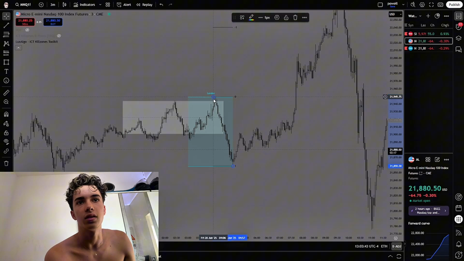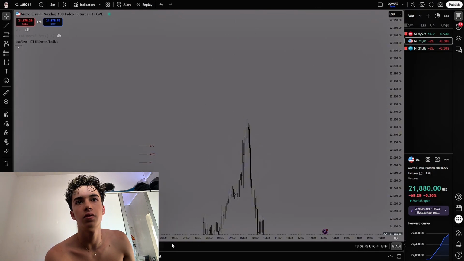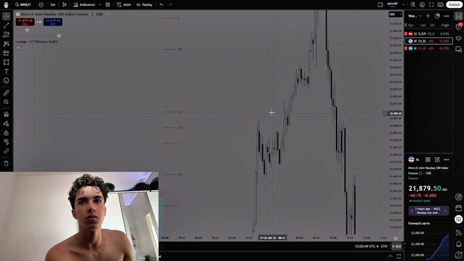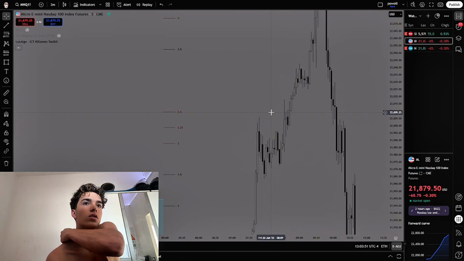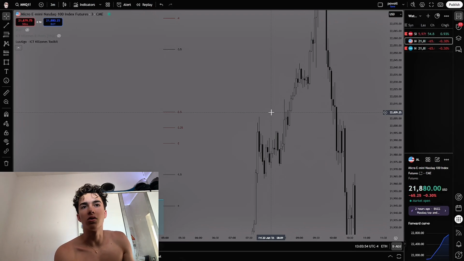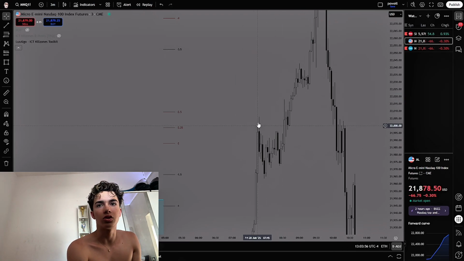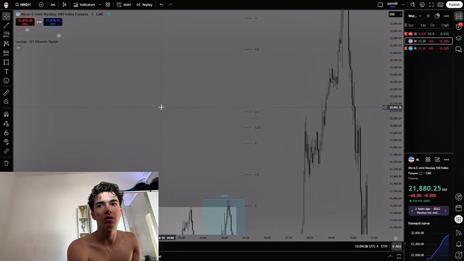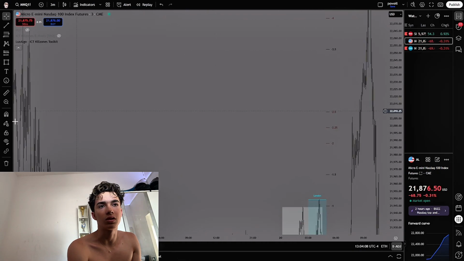So that's just a London STDV here. Okay, we didn't hit this level, but you understand the concept. Here is our engineer liquidity, and if it actually would have hit this level, it was a good trade because that was the engineer liquidity, and maybe we had also some confluence here.